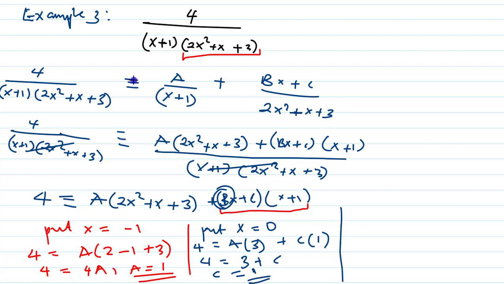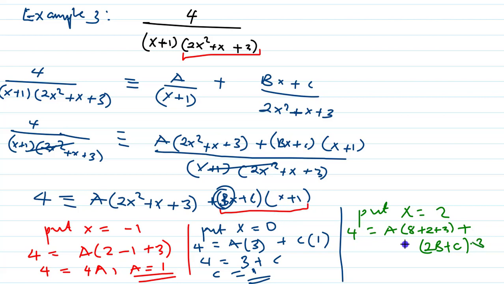Good. One more value to go, so let's put any value of x of our choice because we already have 2 unknowns. So I'll put x as 2. So that gives us 4 equals a into, if we put 2 here, 2 squared is 4, 8, so 8 plus 2 plus 3, plus we have bx, that's 2b plus c, all of this multiplied by 3.